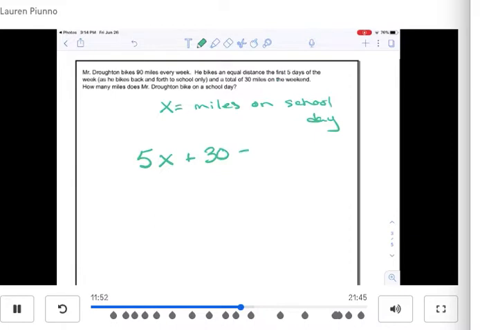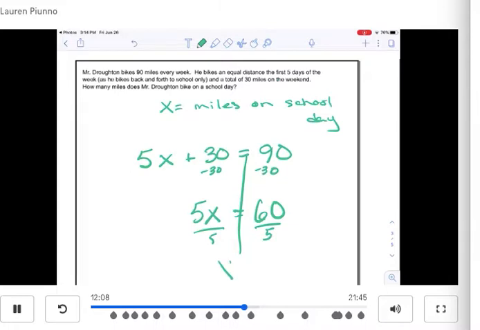The weekend is 30, and he bikes in total 90. So now let's subtract 30 from both sides, and that tells me that during the week, he's going 60 miles. Divide by 5, and that means every single work day, he's going 12 miles.